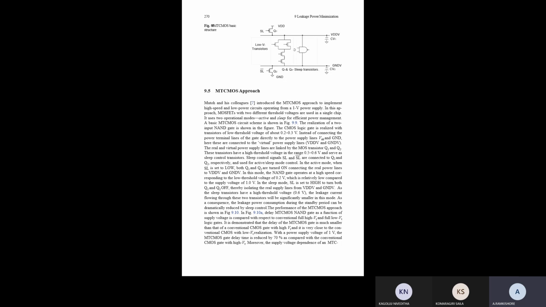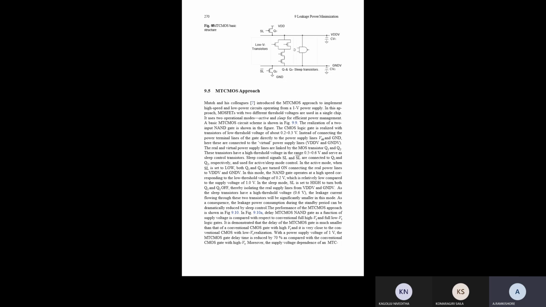This will realize a two-input NAND gate, so that the CMOS logic gate is realized with the transistors used in this design. Those transistors have low threshold voltage.